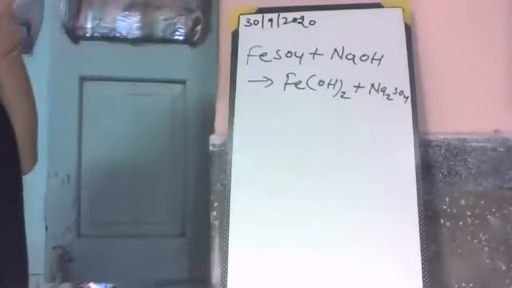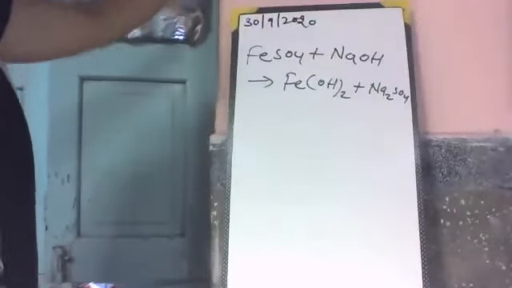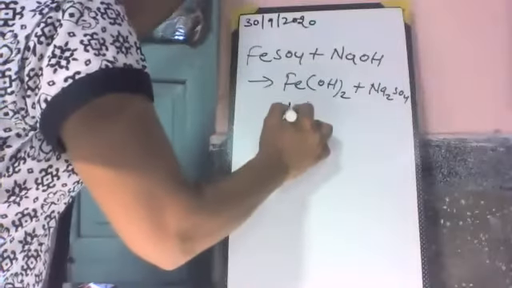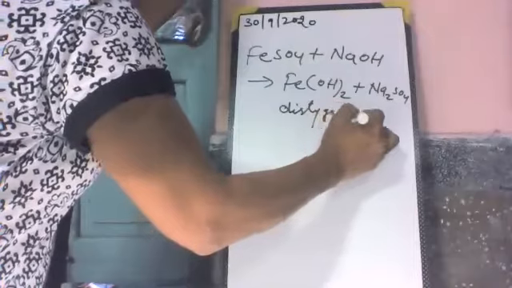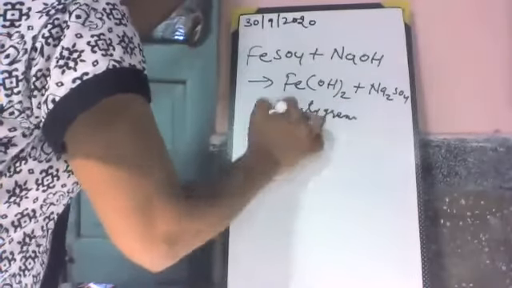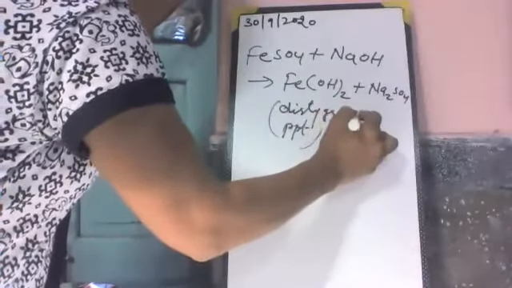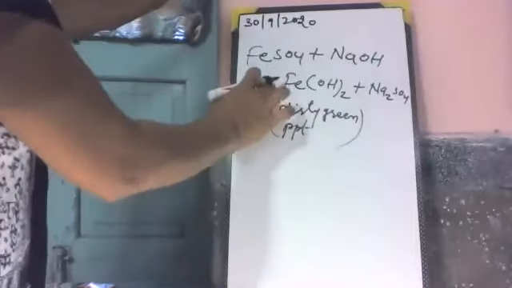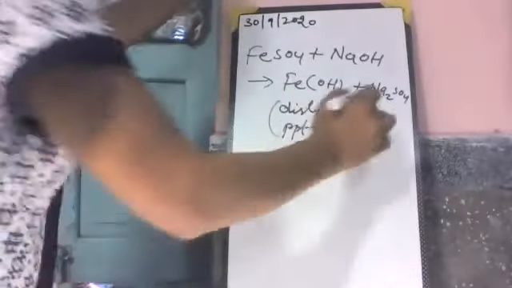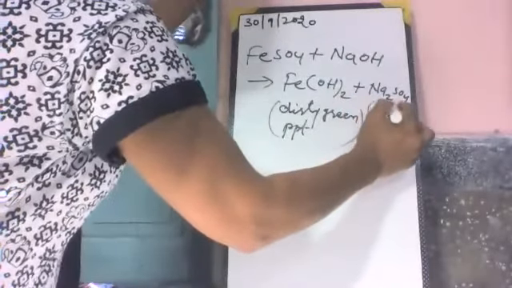Due to this formation of ferrous hydroxide, it is a dirty green PPT. Dirty green PPT. We can see this is the ferrous hydroxide in PPT form and sodium sulfate is in solution form.